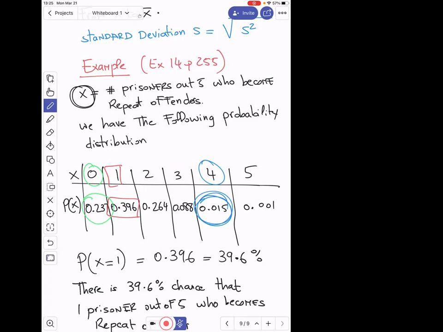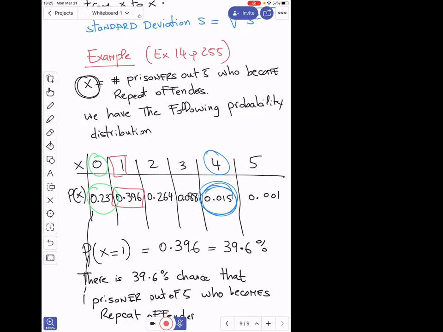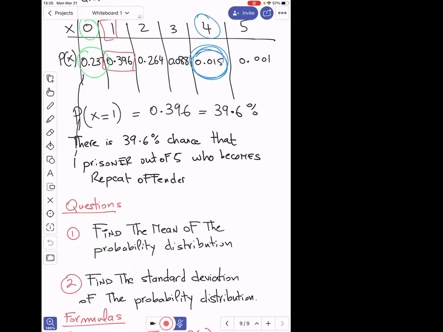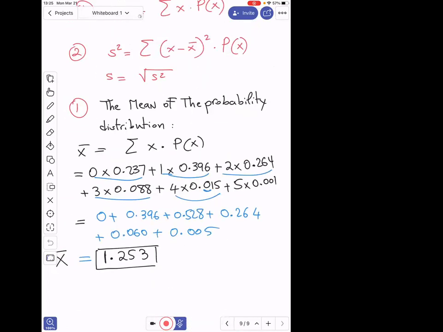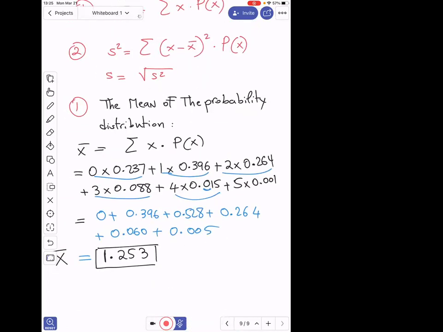So what we expect is 1.253 prisoners out of 5 who become repeat offenders. So this number means that we expect 1.25 prisoners.